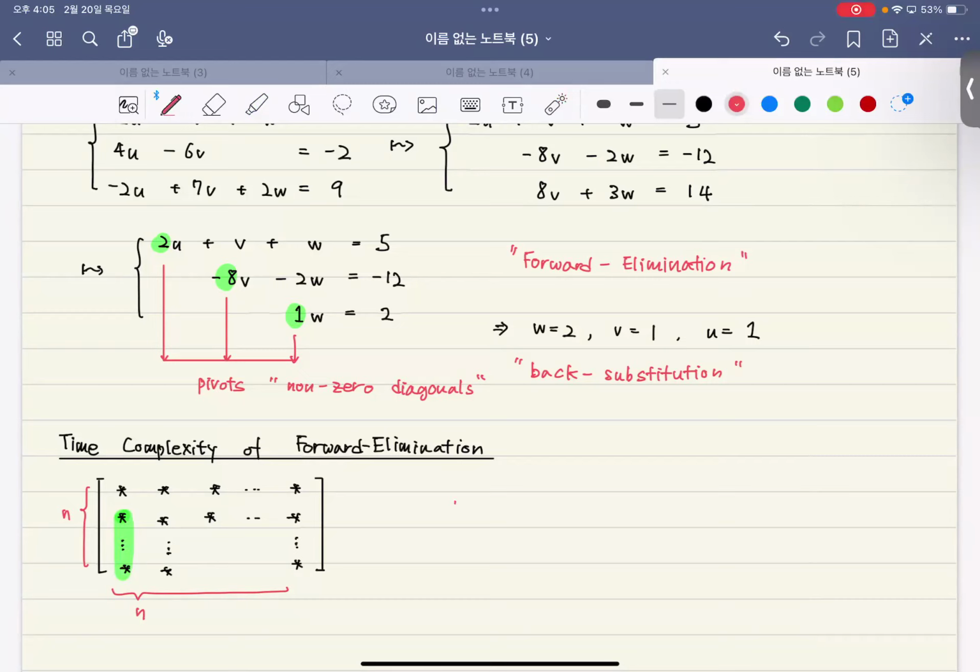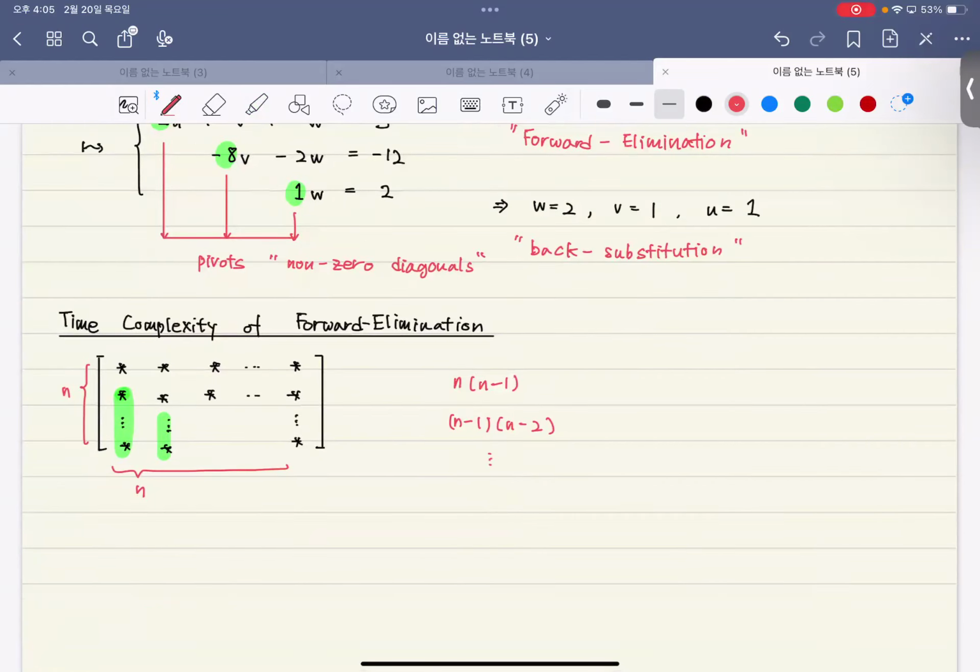I need n times n minus 1 multiplications, right? Now, how many multiplications do I need just to get rid of these numbers? I will need n minus 1 times n minus 2 multiplications, and so on, all the way up to 2 times 1. So I will probably need this many multiplications just to do the forward elimination, right?